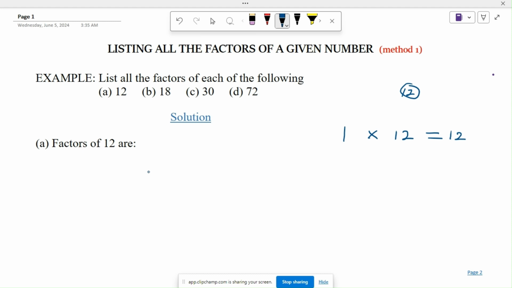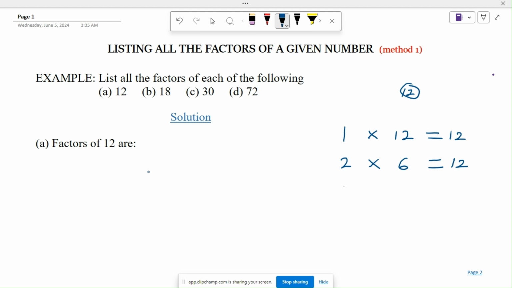So let's take 2 now after 1. What is the number that we can multiply by 2 that will give us 12? That is 6. If you remember your multiplication table, you will know that this is true. So after 2, we go to 3. Can 3 be part of these numbers?